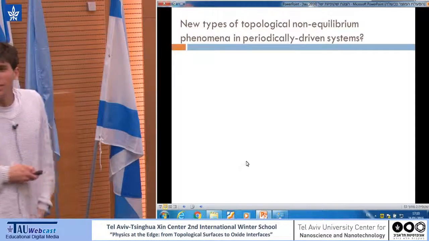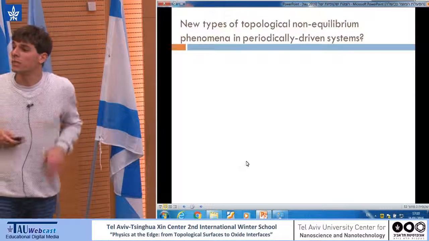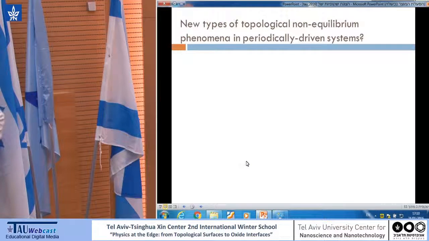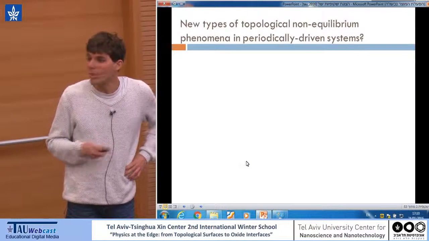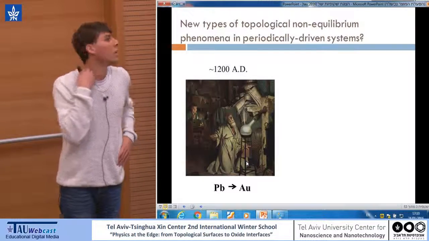Okay, so in non-equilibrium, we can ask what types of new topological systems we can get for periodically driven systems, and I couldn't have a better introduction than to have Asa speak before me. Not that it was planned in any way, but let me still iterate.